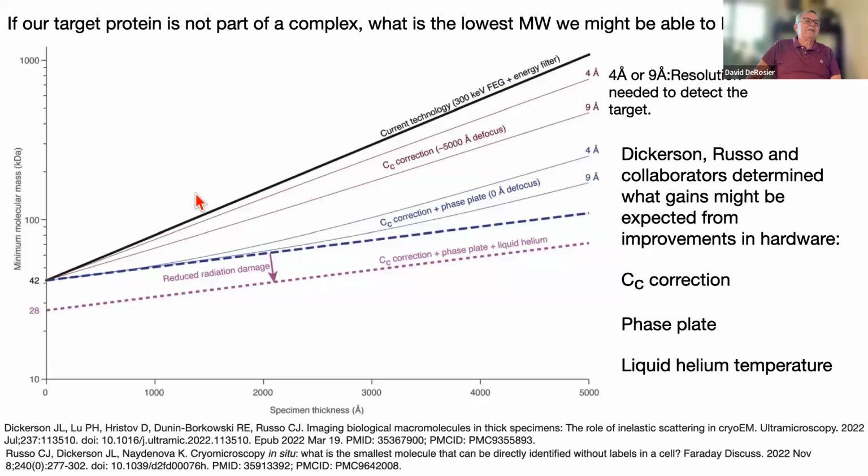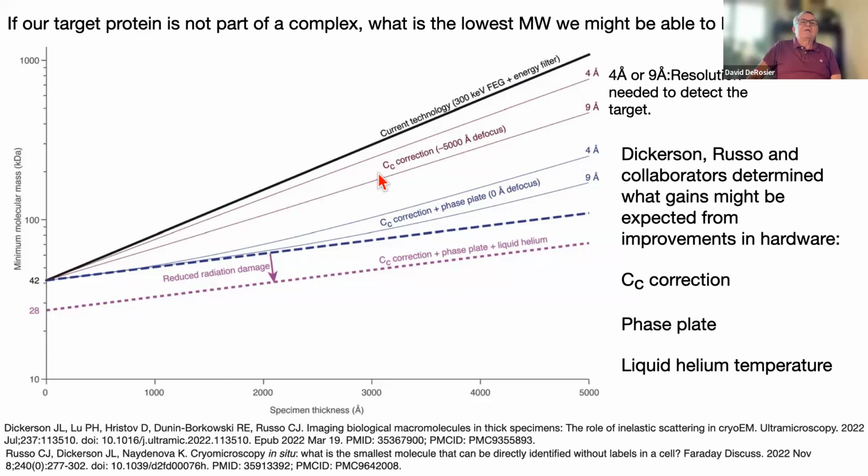Here's the line, and across the bottom is the specimen thickness. Of course, the thicker the specimen, the harder it is to find a structure simply because you have background. But you can see that in the region of about 1,500 angstrom thick, or a 150 nanometer lamella, you can identify something that's around 100 kilodaltons. It's exactly what the group in the previous slide had done.